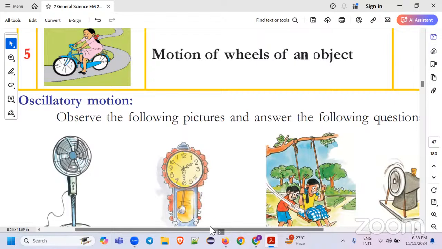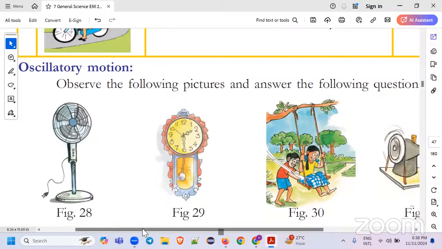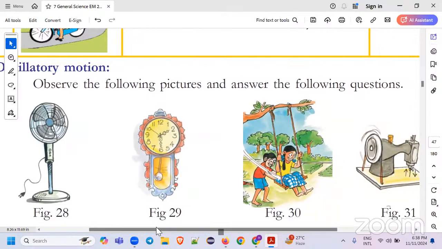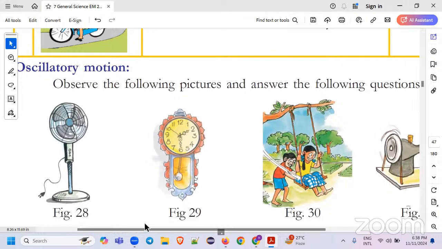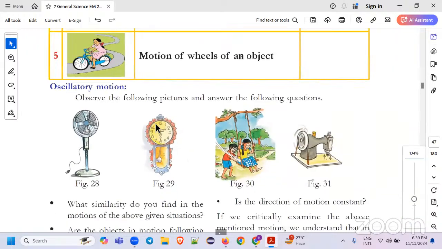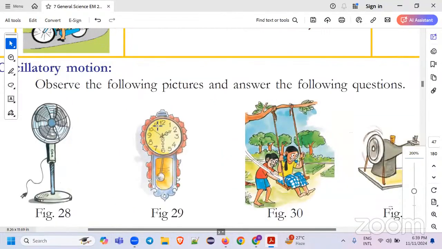Children, observe your diagrams which are given here. Observe the spelling, OSCILLATORY. We call it oscillatory motion. Here we can see four figures in these pictures.